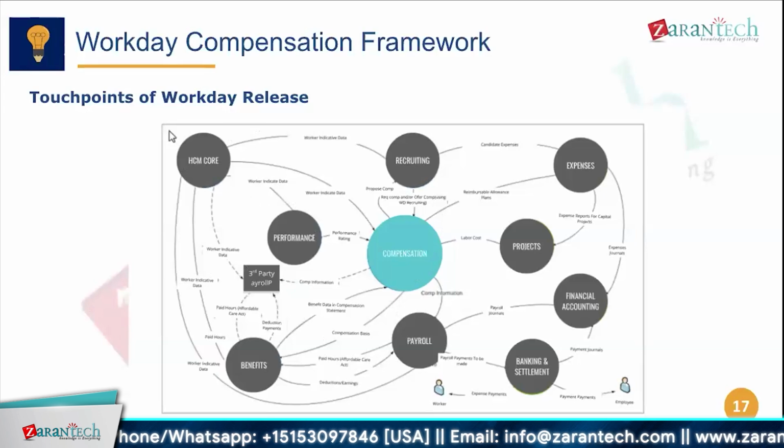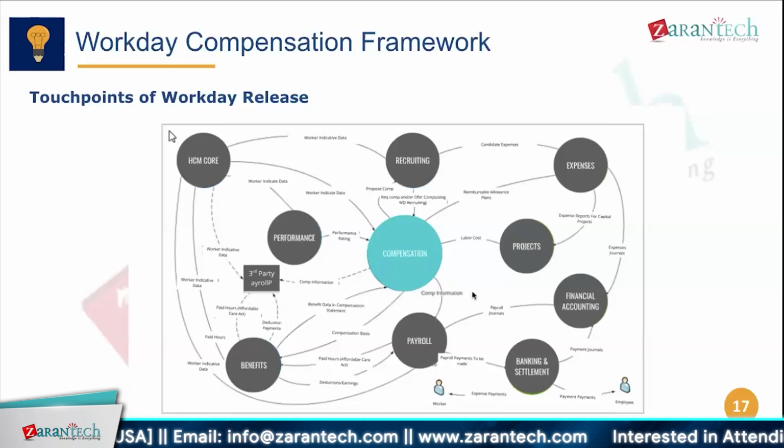If companies need it, they can plan their compensation cycles with performance in mind. Key indicators, like the employee ratings, can help determine the next best compensation for the employees. You will also see various integrations such as payroll, benefits, third party payroll, banking and settlement. All of these depend on the employee's compensation.